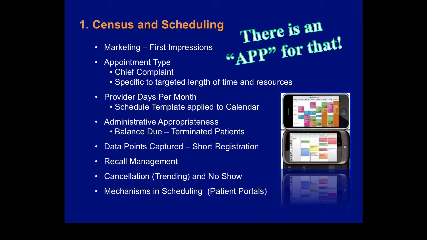Obviously, when we talk about recalls, if I scheduled you right now for an appointment 1 year from now, chances are you're going to cancel it, you're going to reschedule it, or I'm going to send you an appointment reminder 2 days before your appointment and you're going to be like, oh my God, I can't go to that, and then blow me off. That's another reason for recalls, to make sure I don't have a discrepancy. I don't have people just not showing up for their appointments.